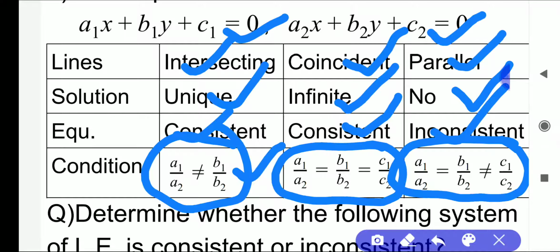That means it represents coincident lines and it has infinite solutions. And the third condition, a1 by a2 is equal to b1 by b2 but not equals to c1 by c2. Then lines are parallel and they have no solution, so the equations are said to be inconsistent.